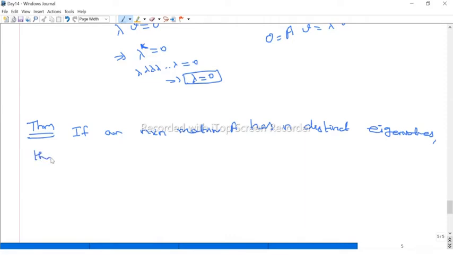Then automatically A is diagonalizable, because from n distinct eigenvalues we know by the theorem that the corresponding eigenvectors are linearly independent. Therefore it is diagonalizable. So if an n by n matrix contains n distinct eigenvalues, directly we can say it's a diagonalizable matrix.